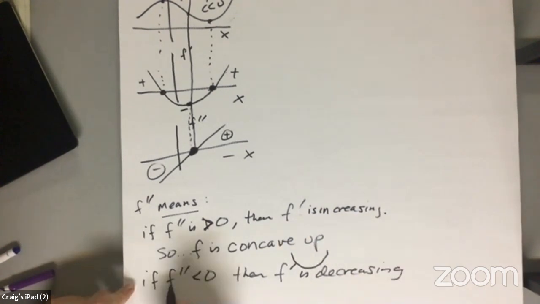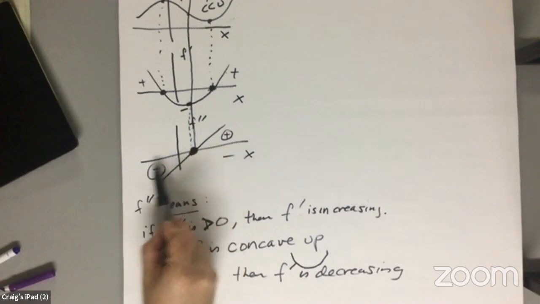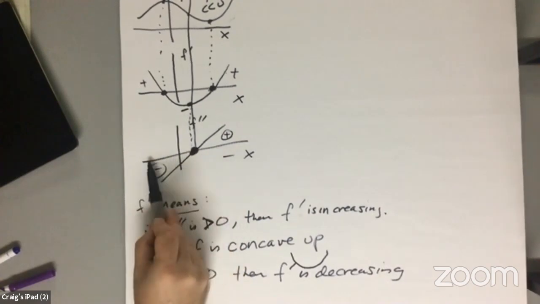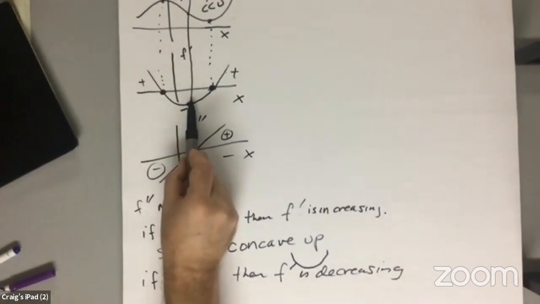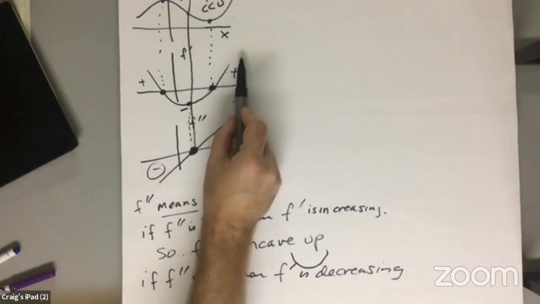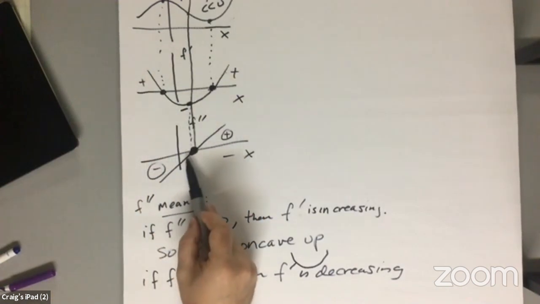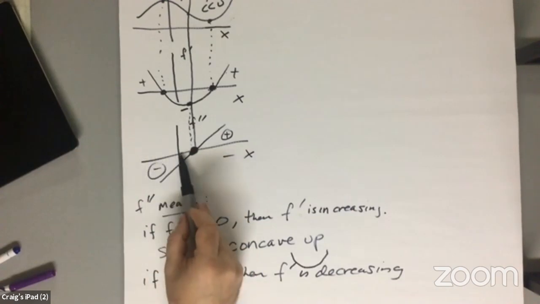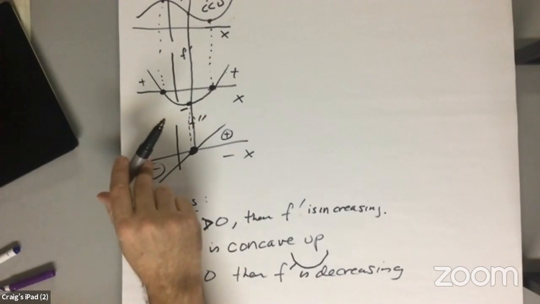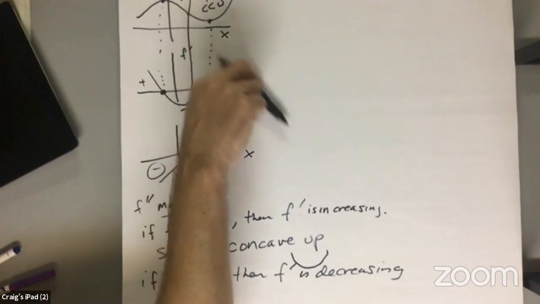So where the second derivative is negative, if I look at this spot here, from here back, the second derivative is negative. So on this interval, the first derivative is decreasing, dropping until I get to that spot. Then later it's increasing. If the first derivative is decreasing, that means the slope is decreasing. As I go from left to right, the slope was positive and now it's going negative.